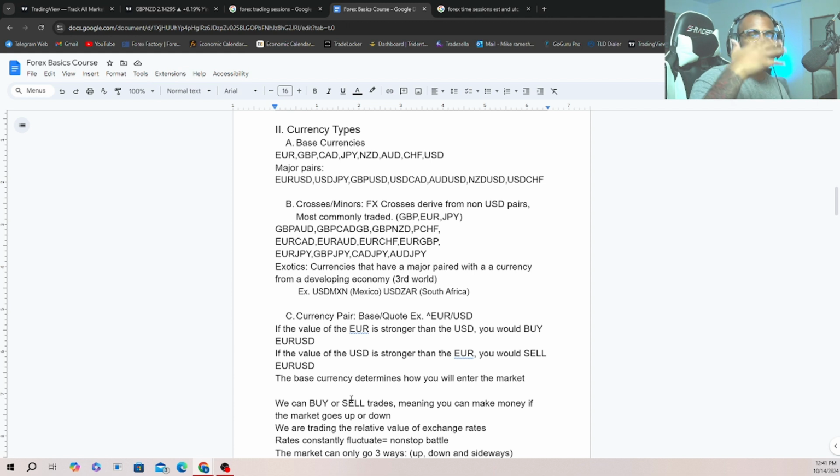Economies tank, things happen: interest rates, data, economic and geopolitical events like wars. Guys, a lot of different things affect the economy, right? So even when the economy goes down, you can still make money as long as you understand how to enter the market. So the knowledge of the base and quote is a huge building block for you to comprehend what you're actually doing.